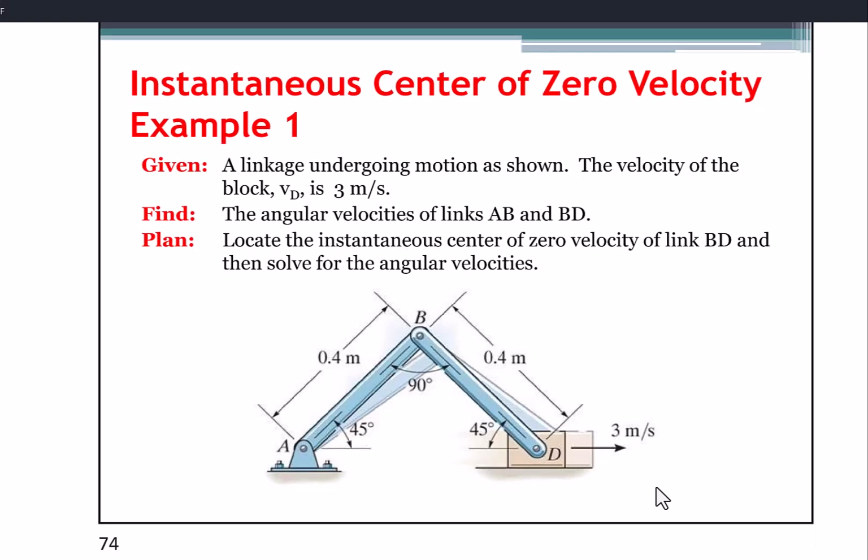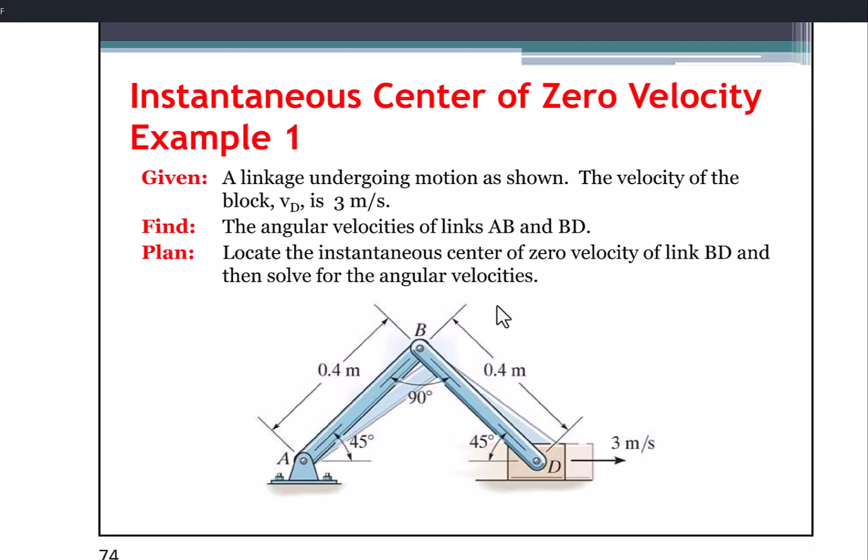As an example, let's say you have a linkage here undergoing motion as shown. This one is pinned and this one is constrained, it doesn't go back, and you cannot penetrate this, but this goes in the x direction with a given velocity v. So this is vD. It has this direction.